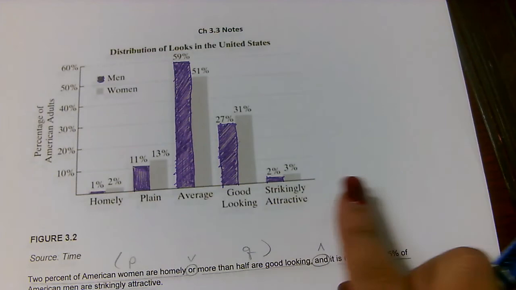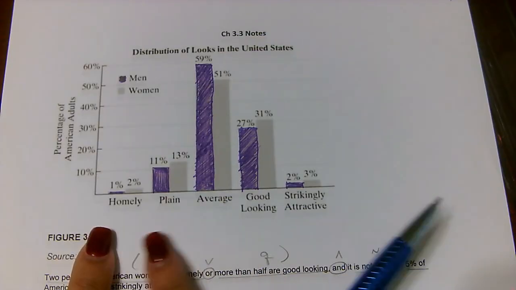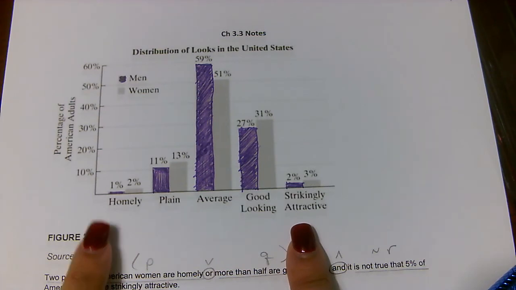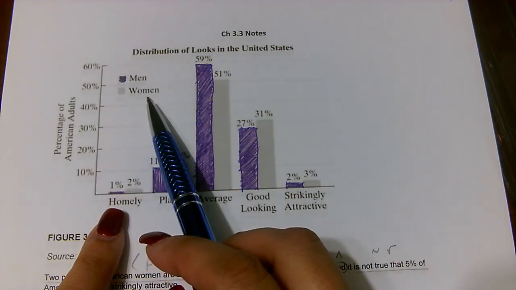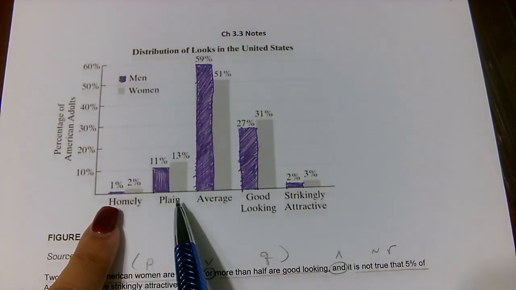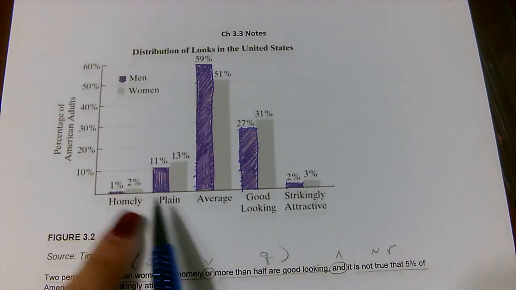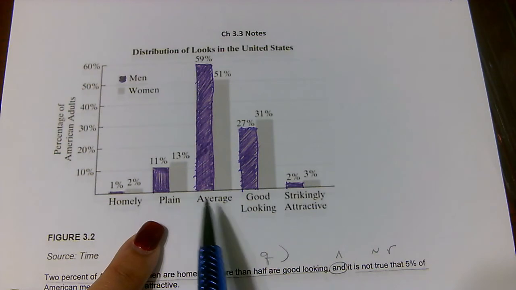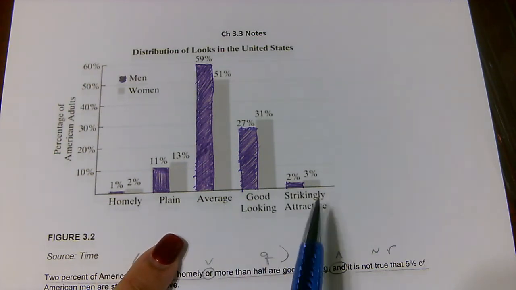Now let's go ahead and look at another example where we'll use it in real life. Okay? This was a survey done that asked people about the distribution of looks in the United States. This was the answer for men, and this was the answer for women. So basically they asked them to put them in what percentage of people look homely, plain, average, good looking, or strikingly attractive.